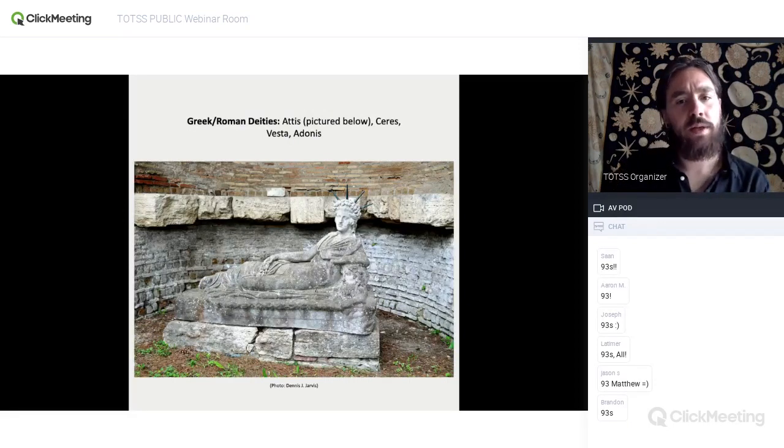All right, so for Greek and Roman deities, we have a few here. The first is Attis, pictured below, often depicted reclining. He's a Phrygian god associated with the Great Mother, Cybele. There are different myths of his origin. I don't want to spend too much time on it, but in his mythology, he castrates himself, usually in a form of madness brought on by the goddess, sometimes as vengeance for his infidelity to her.